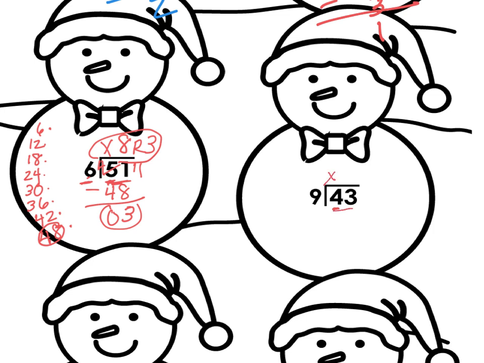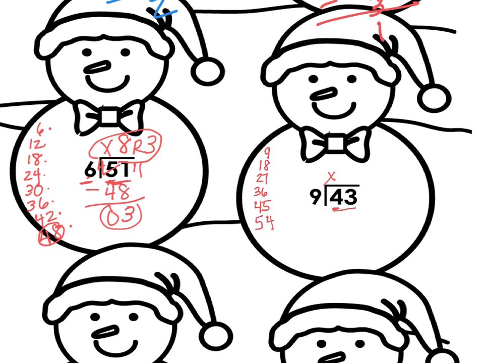Now, how many 9s can I fit into 43? Let's do our count bys. 9, 18, 27, 36, 45. You could be copying these off your times table chart. 45, 9 times 5, 9 times 6, 54.